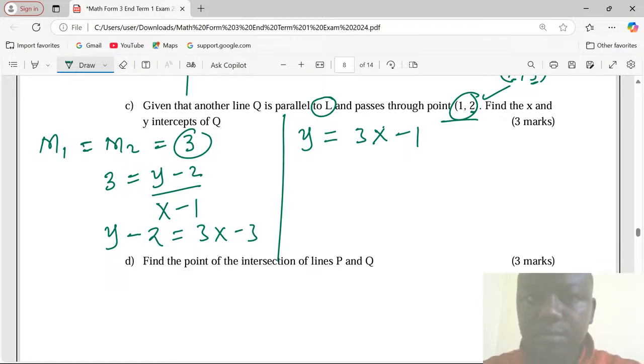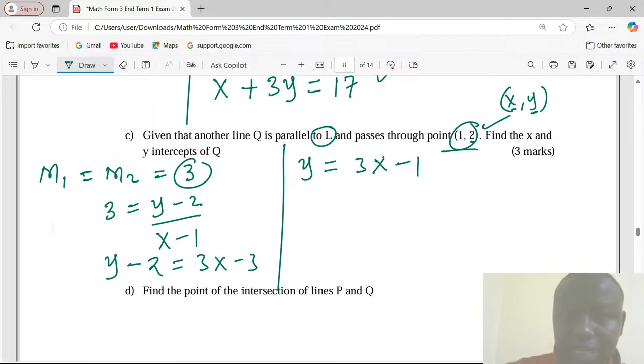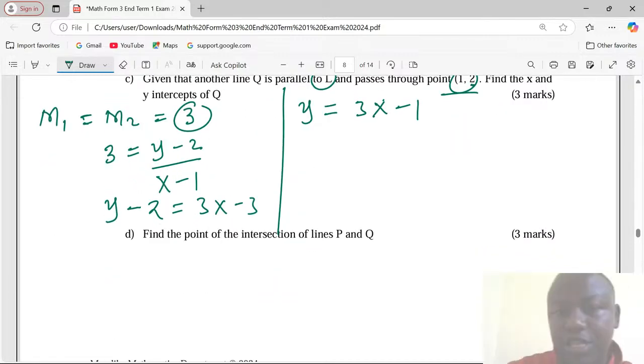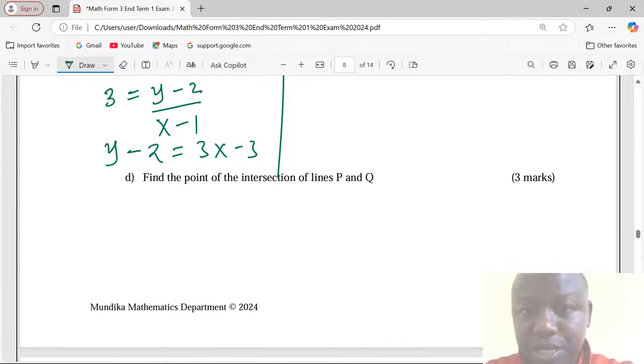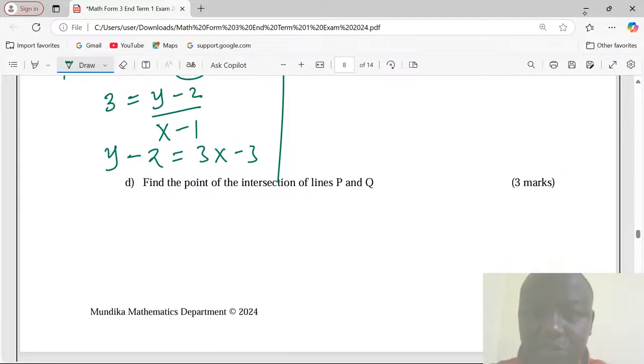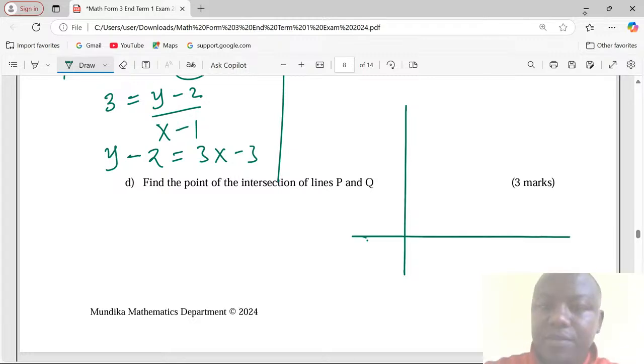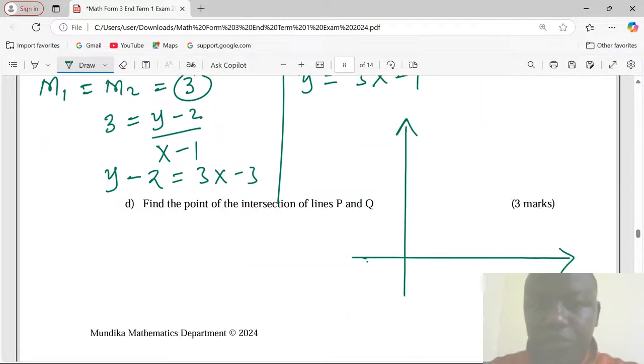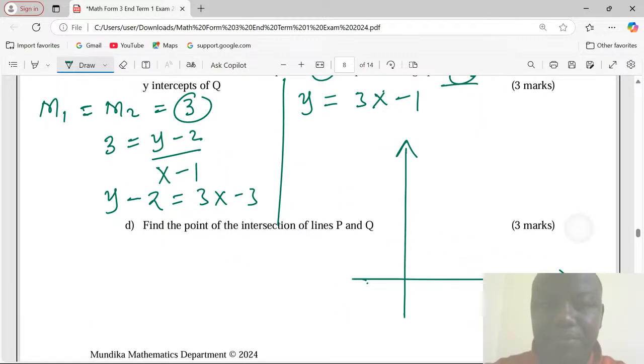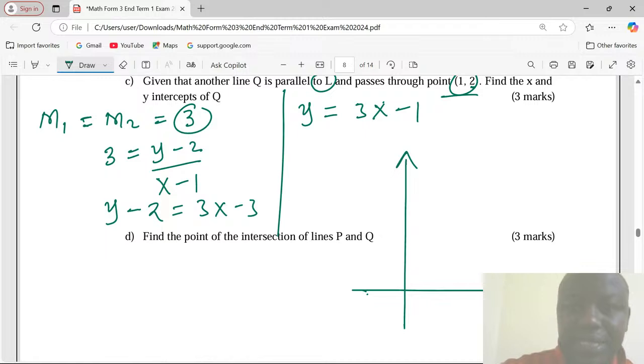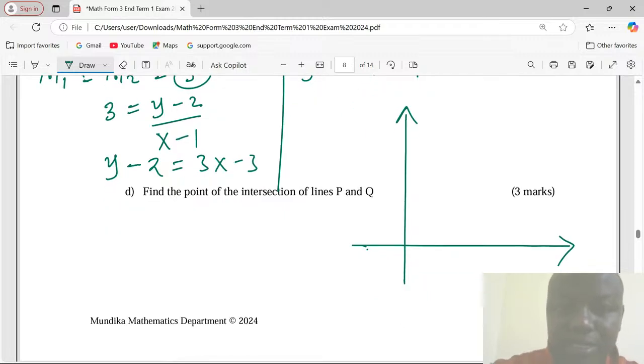Intercepts. At this point, let me illustrate what intercepts are so that people know what we are working out. This is the x-axis, this is the y-axis. When we talk about an intercept, we mean, for example, the intercept of this line is at negative 1.